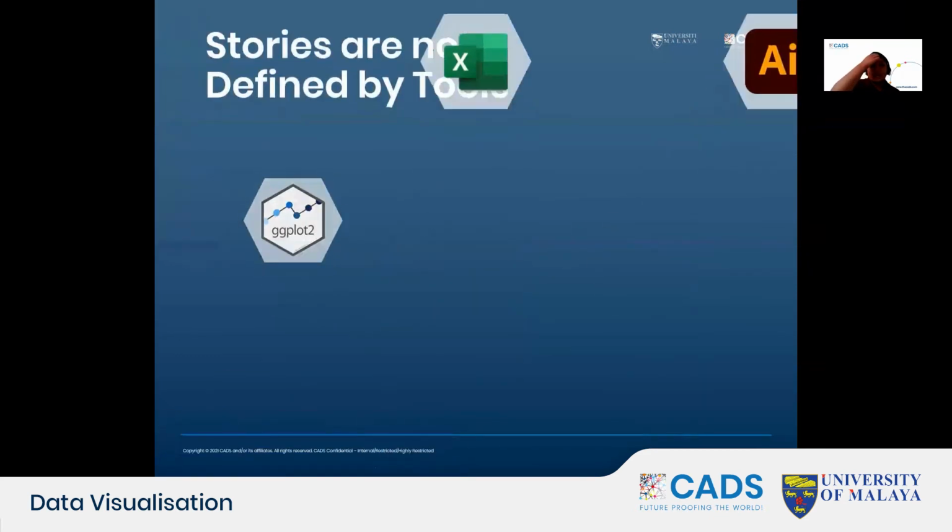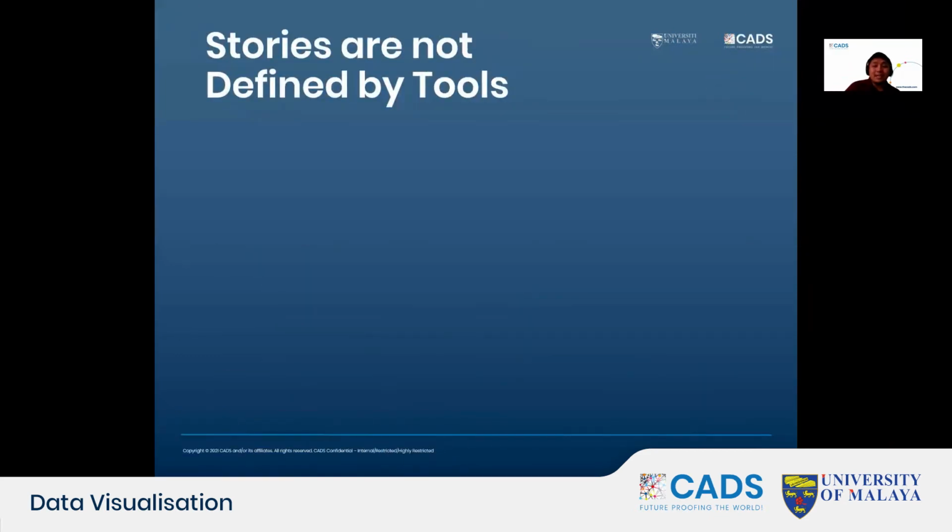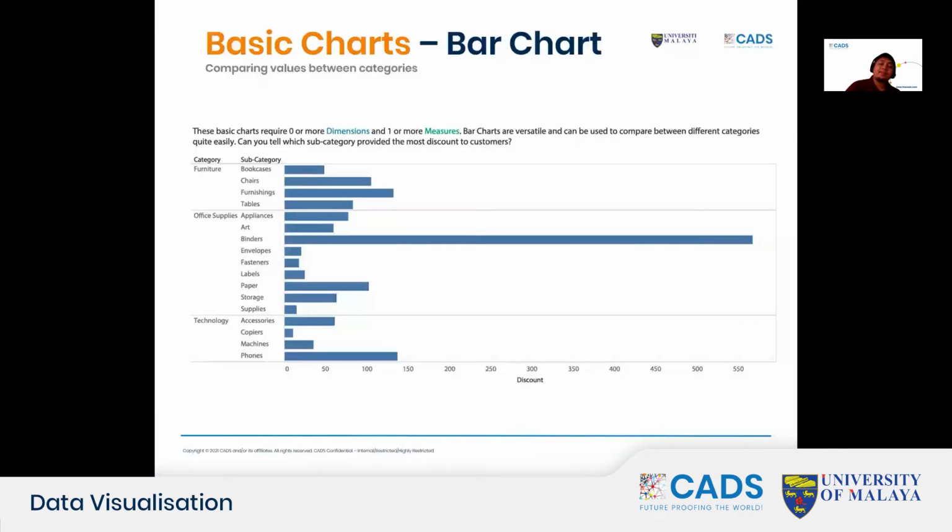The important parts of visuals, like I said multiple times before, are the story and your audience. So the first one is the bar chart.